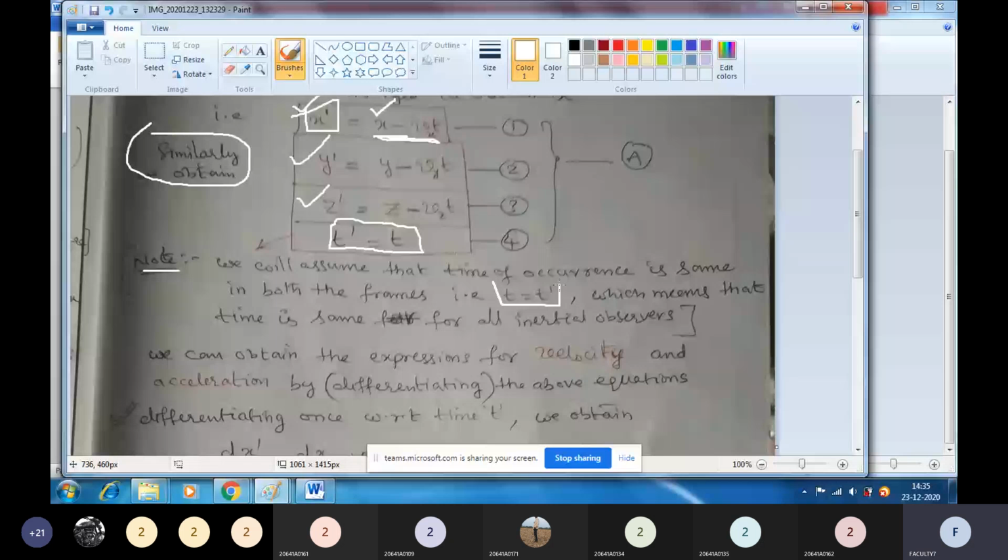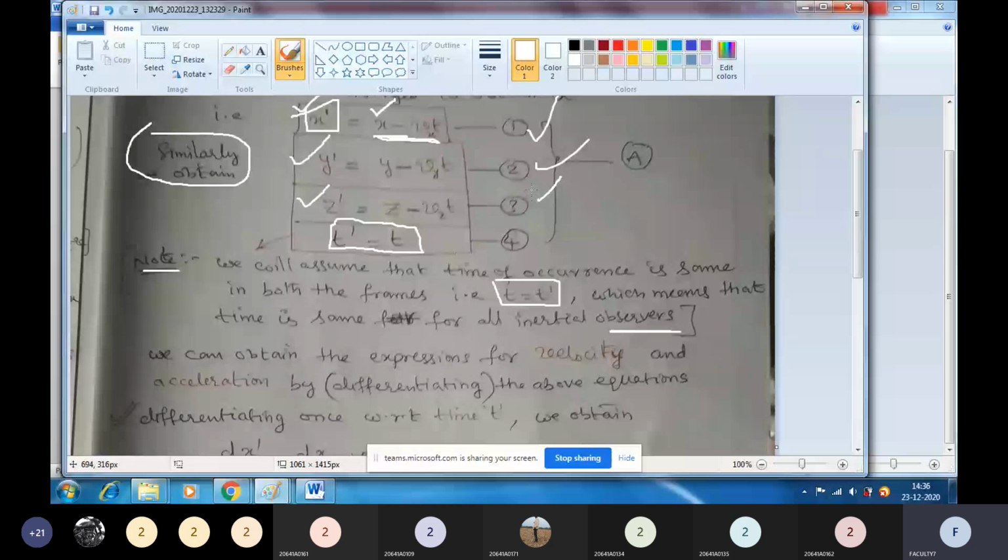What is the meaning here? It means that time is the same for all inertial observers. Both observers will be observing the event at the same time, so there is no change in the time. Now we got these four equations. We are going to use the first, second and third equations.